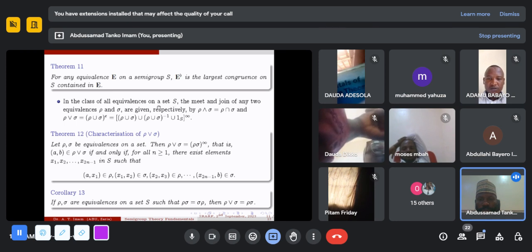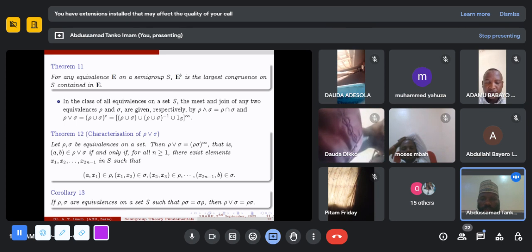With respect to the partial order of containment, subset of, if you take the class of all equivalences, then some equivalences are subsets of some others. So you can see the order relation, and you can talk of the upper bound, least upper bound, greatest lower bound, and so on and so forth.